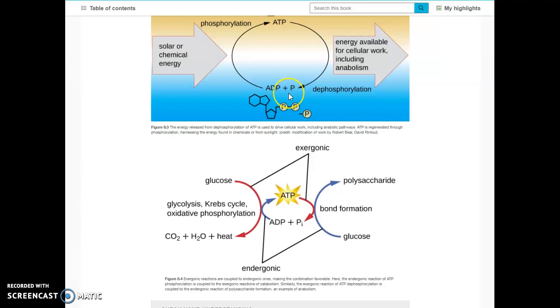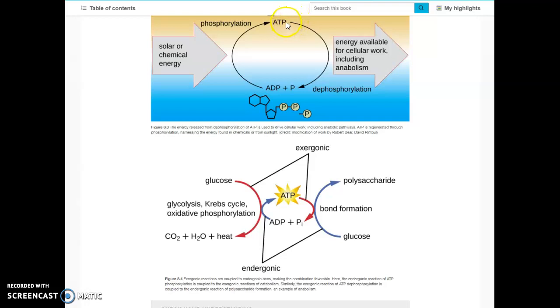This is like taking your rechargeable batteries and putting them in the charger. We're recharging this molecule, essentially, and then ATP can now be used. Just like that battery, it's recharged, and now it can be used to power a flashlight or whatever you need it for.